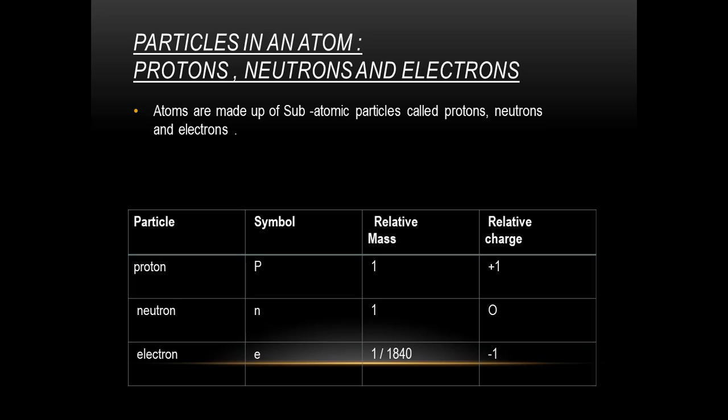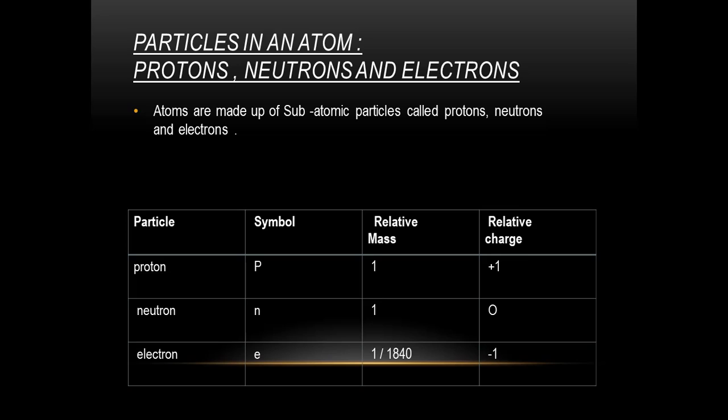Now if you look into the details of these particles: for the proton, the symbol is P, relative mass is 1 and relative charge is +1. So protons carry positive charge. The neutron's symbol is N, relative mass is 1 and relative charge is 0.